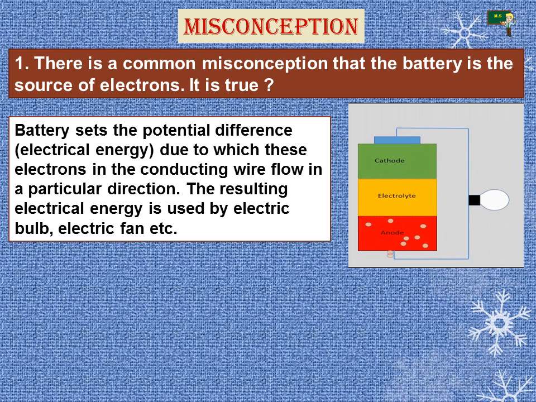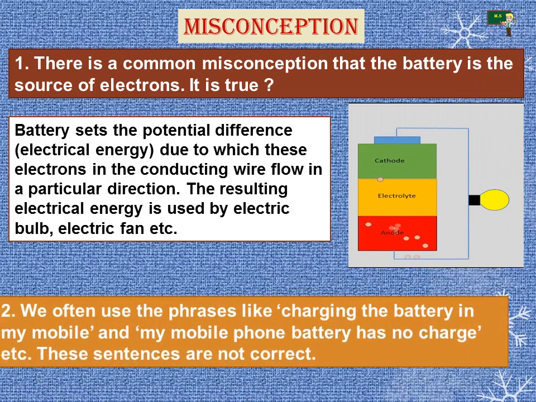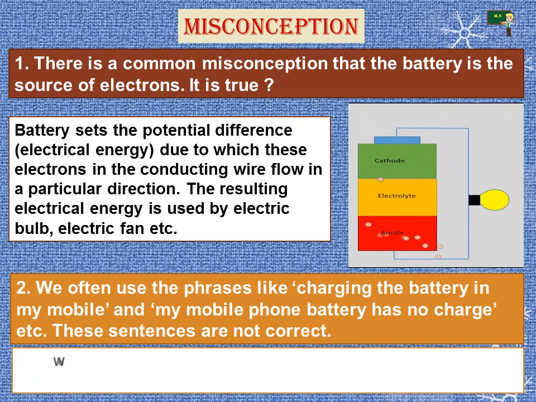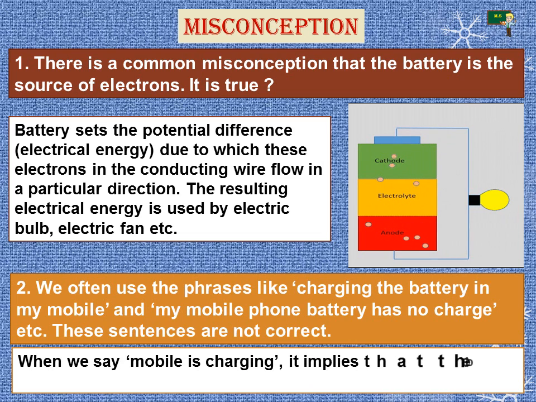The next misconception is, we often use phrases like charging the battery in my mobile and my mobile phone battery has no charge. These sentences are not correct, because when we say the battery has no charge, it means that the battery has lost the ability to provide energy, or provide potential difference to the electrons in the circuit.